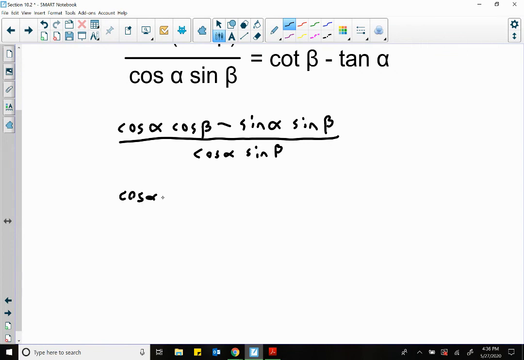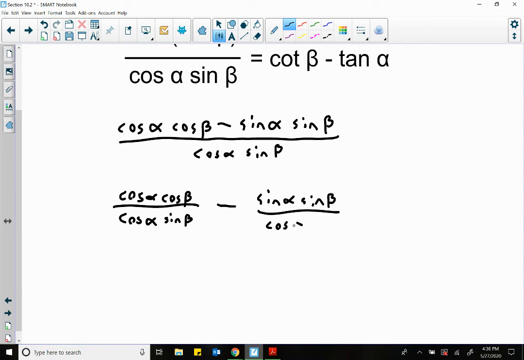We get cosine alpha cosine beta all over cosine alpha sine beta, minus sine alpha sine beta all over cosine alpha sine beta. Hopefully you notice some things are going to cancel out. In this first fraction, those are gone, leaving you with cosine beta over sine beta.